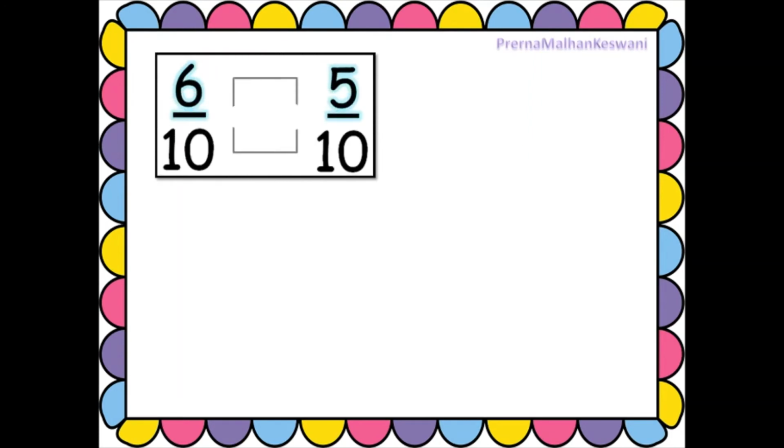Now look at these examples. 6/10 and 5/10. Here the denominator is 10, but the numerator 1 is 6 and 1 is 5. So the alligator is going to eat the 6/10 fraction because 6 is more than 5.